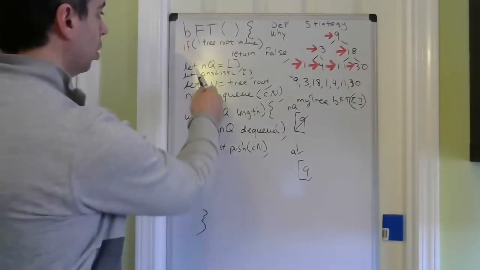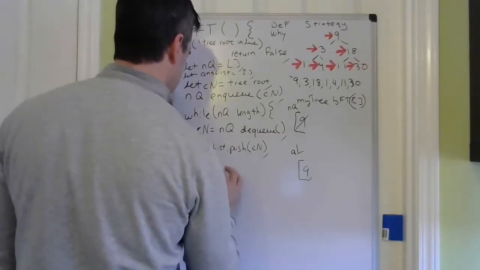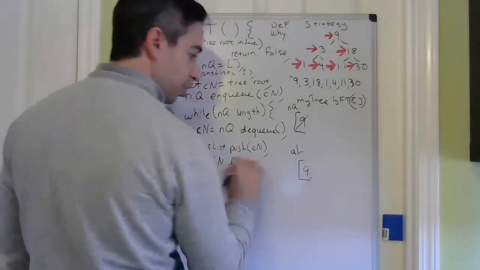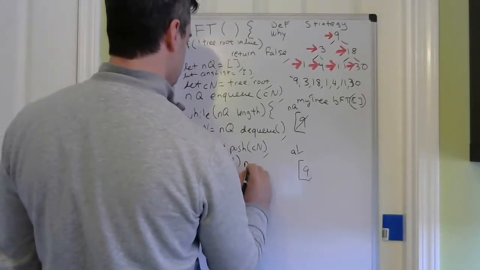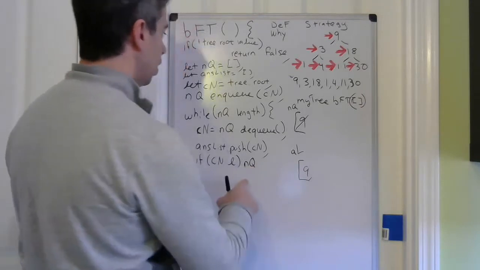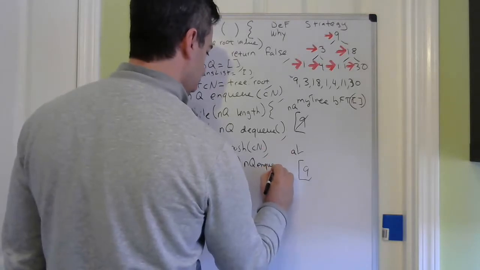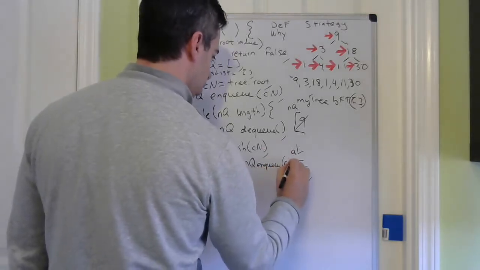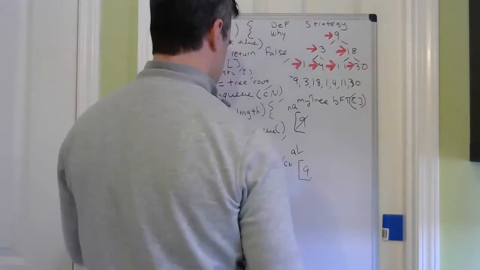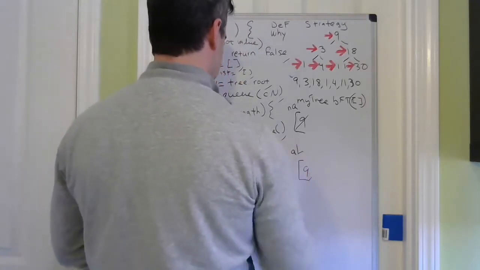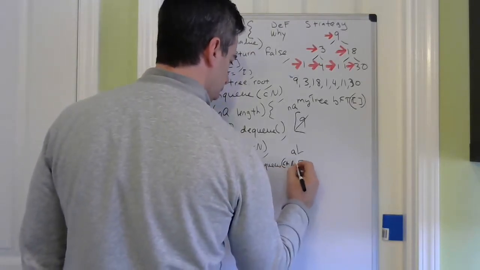Okay, so if we have current node dot left, we would do nq dot nq, node queue dot nq, the current node. We're looking for the left, so we'd nq current node dot left.